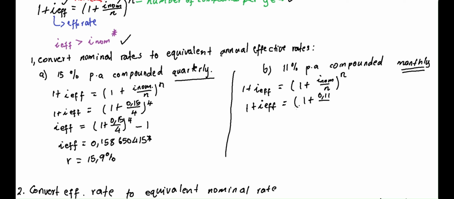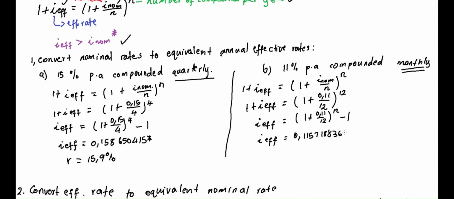And then they are saying monthly. Monthly simply means that we have 12 months in a year. That means we are going to include 12, and then we simply transpose that 1 to the other side, getting a minus 1. Then when you punch your calculator, what you should get is 0.1157188362.